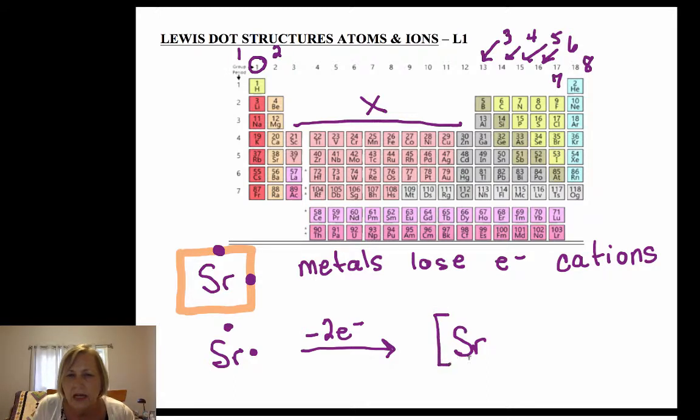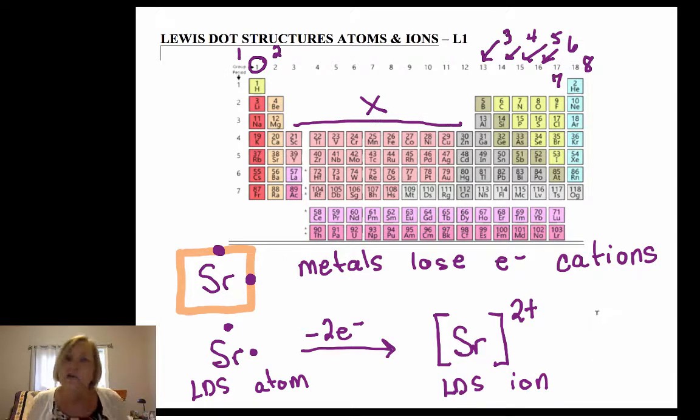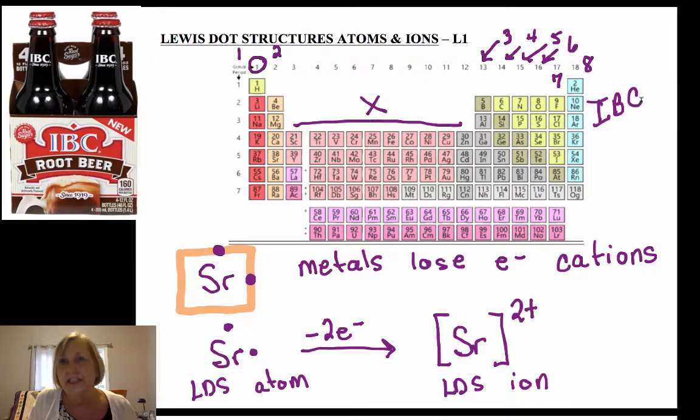Well, you put brackets and the charge just outside the bracket. So this would be the Lewis dot structure of the atom. This would be the Lewis dot structure of the ion. I don't know if you've ever had it, but I love IBC root beer. It's a really good root beer. And so I remember that acronym: if it's ions, make sure I use brackets and charges.